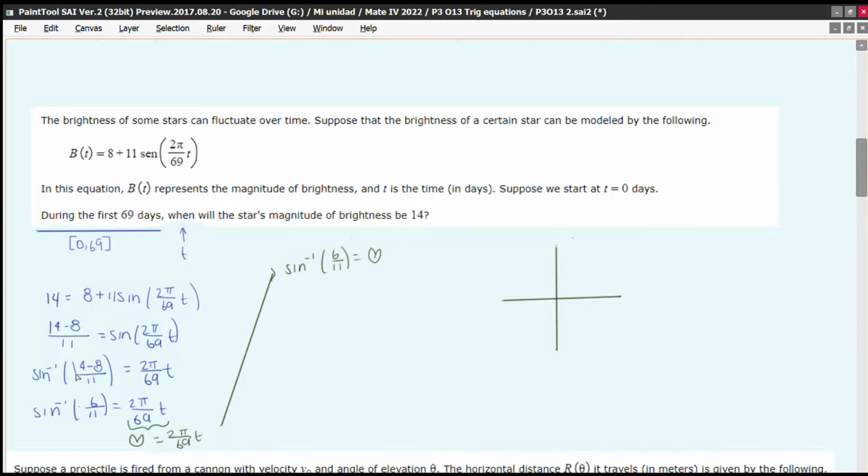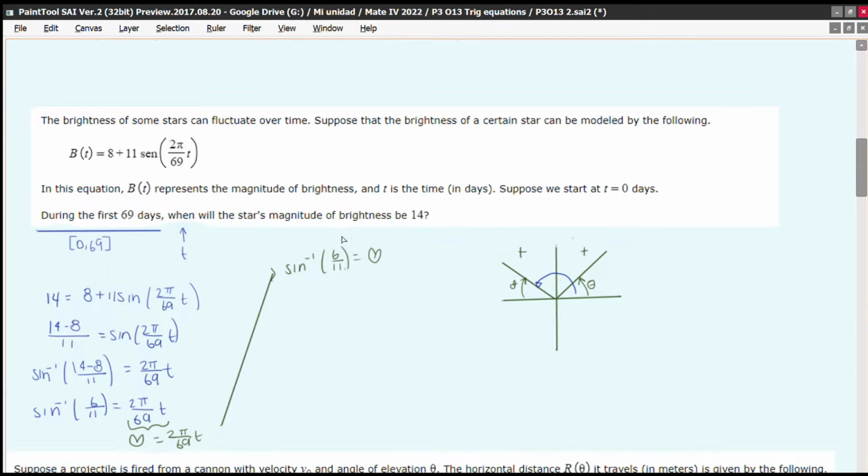This is 6/11. So I have to verify where sine is positive, and sine is positive in quadrants 1 and 2. So I know my two solutions are going to live here. One solution is going to be this one, and another solution is going to be this one. And by now, we should know that these two solutions have the exact same reference angle.